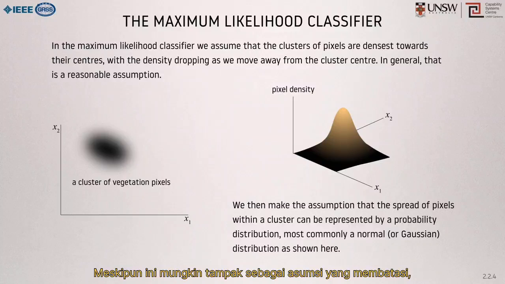While this may seem a restrictive assumption, the normal distribution is convenient because it and its properties are well understood, and even if the actual density distribution is not normal, the normal model nevertheless works well. Also, later we will represent a given class by a set of normal distributions, which helps in overcoming many concerns with using this model.